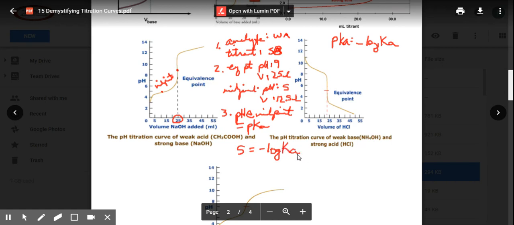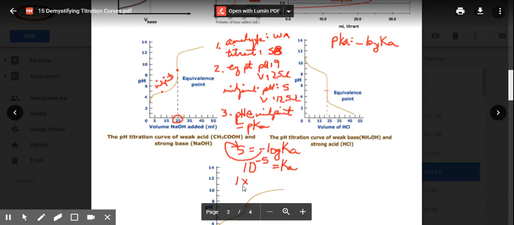In order to get Ka by itself, remember log is base 10, so it's 10. I take this negative and this answer here and I fishhook it. So 10 to the negative 5 is equal to Ka. Now this is not a correct answer. I have to put it in correct scientific notation.